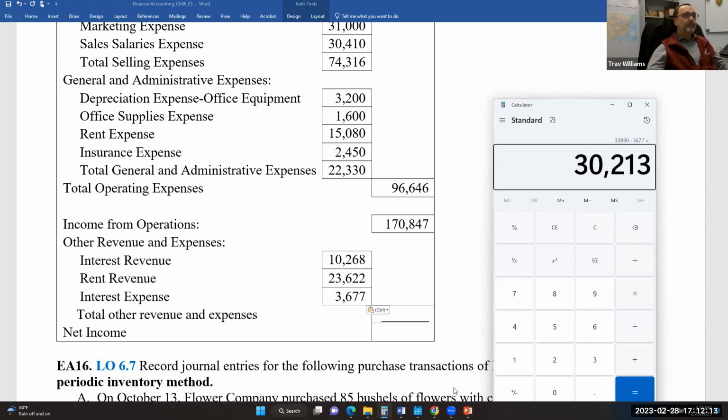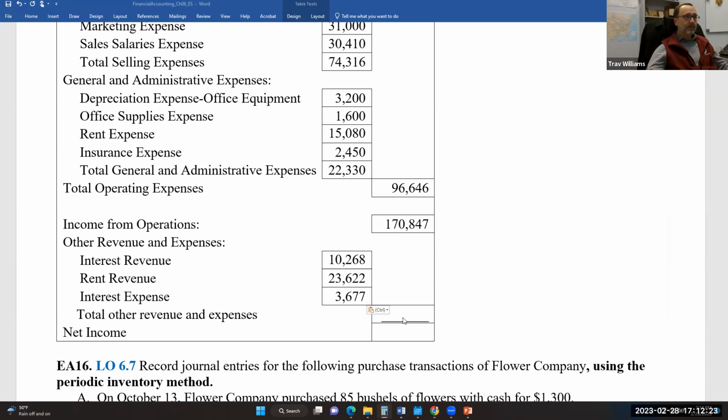And the net impact is a $30,213 increase in our equity. 30,213, right? Because revenue increases equity, expenses decrease equity. If it helps, you could put a minus sign here for reference. And that's how we came up with the total revenue and expenses.